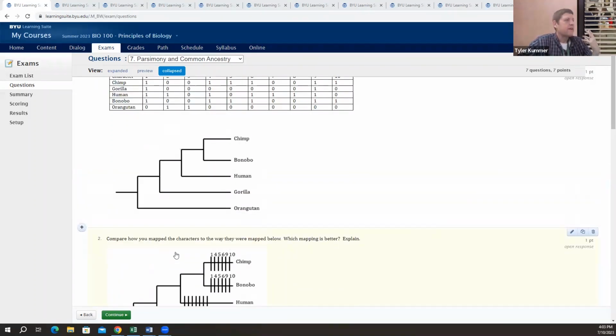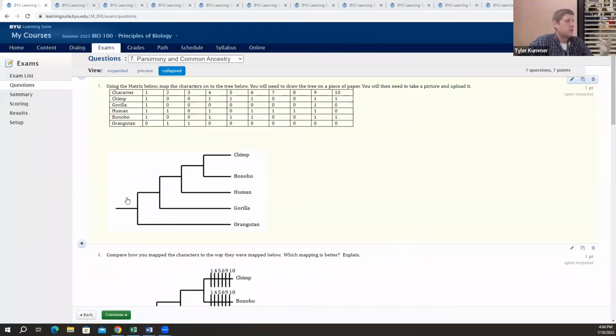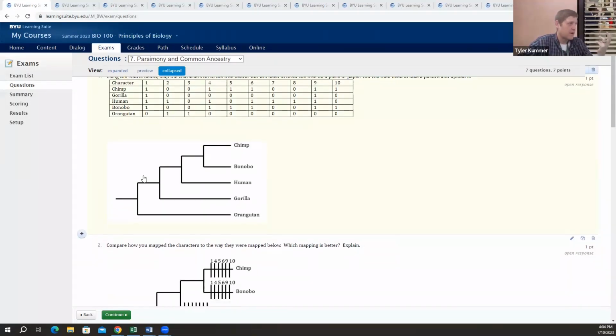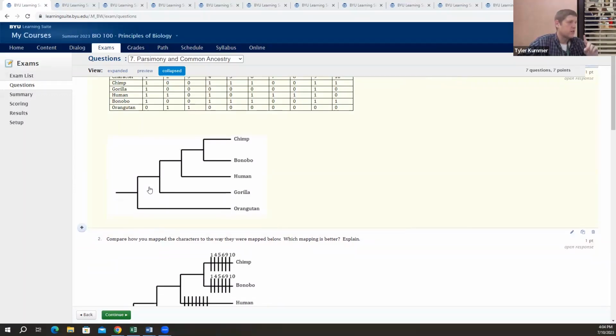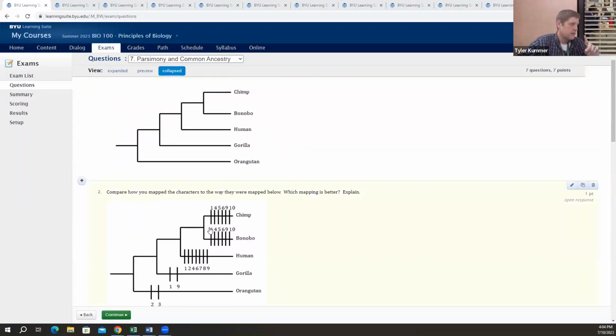When we focus on maximizing homology, to have as many traits as possible inherited from a common ancestor, we get a much lower score. It requires a lot fewer evolutionary changes. So for example, with trait 1, if it were to evolve here, that would require 1 evolutionary change, whereas here it would require 1, 2, 3, 4 different evolutionary changes.